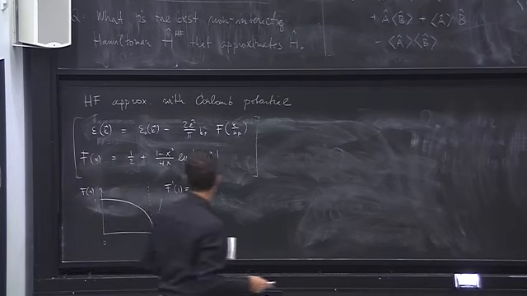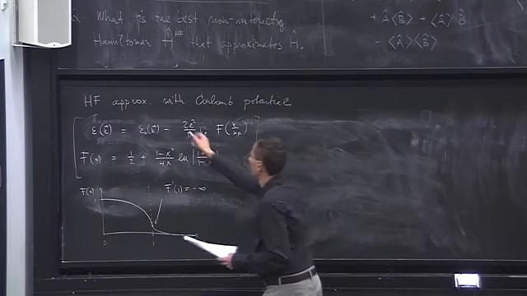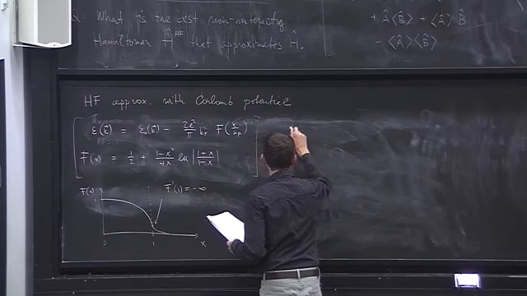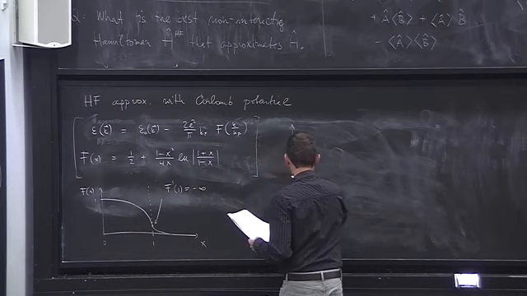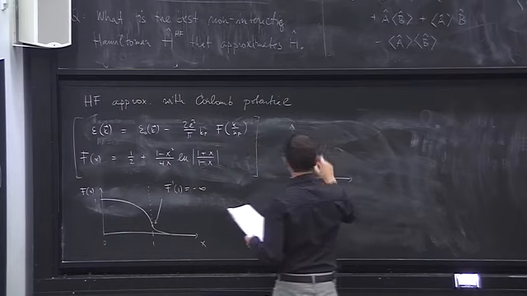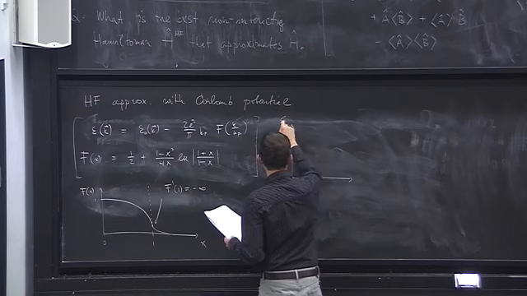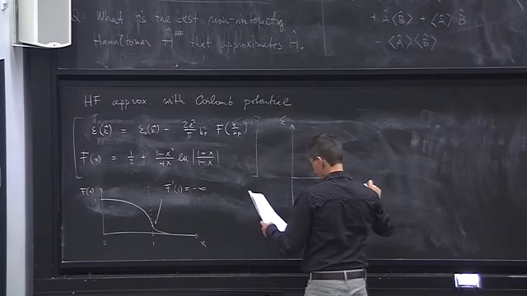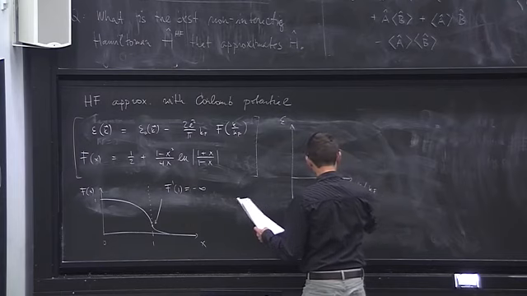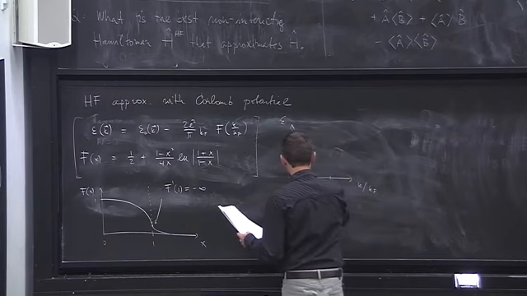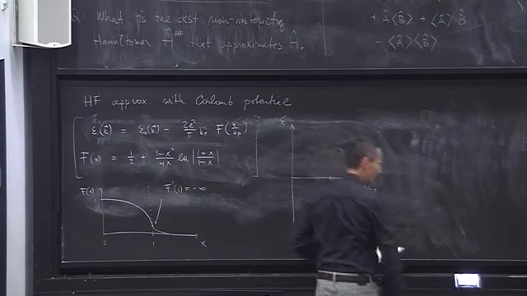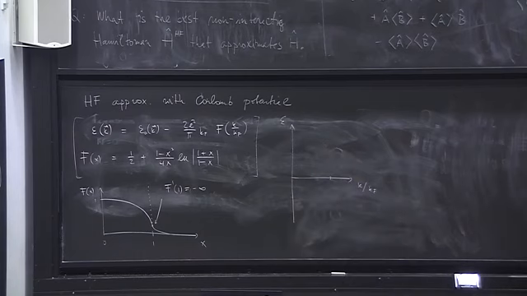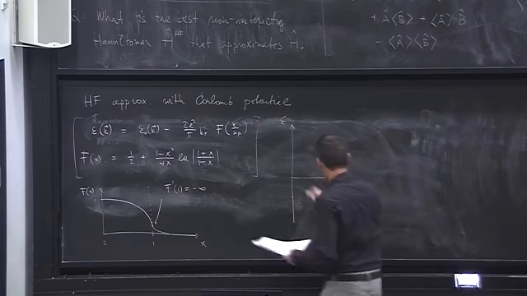This will have some important consequences for the physics of this. So if I plot this epsilon k, here I'm plotting the energy, and here I'm plotting k over kf. I will use the colored chalk, good.